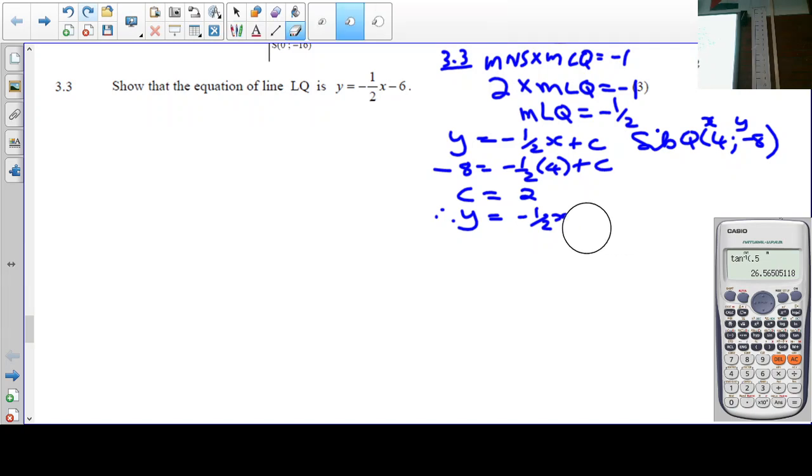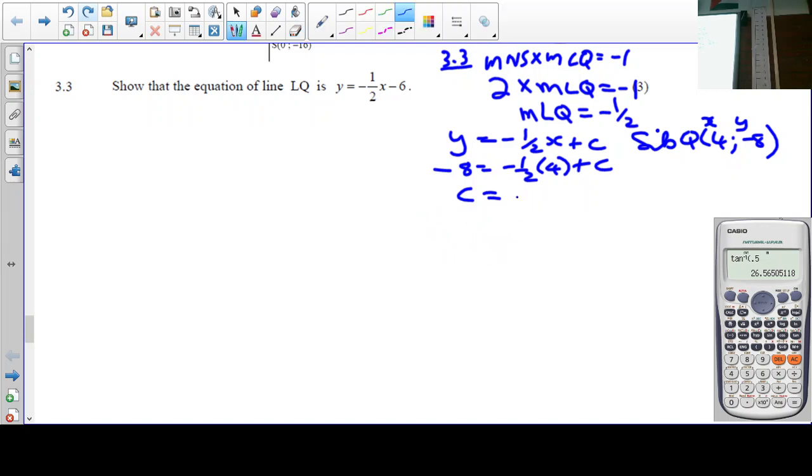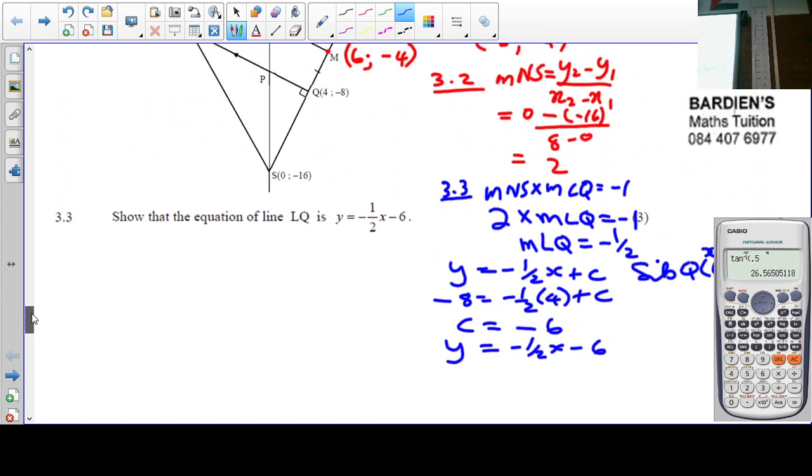C is not 2. C is negative 6. Negative 8, take the negative 2 over, becomes positive 2, so you're going to be negative 6. So y is equal to negative half x minus 6, which confirms that. So that basically has been confirmed in that calculation.